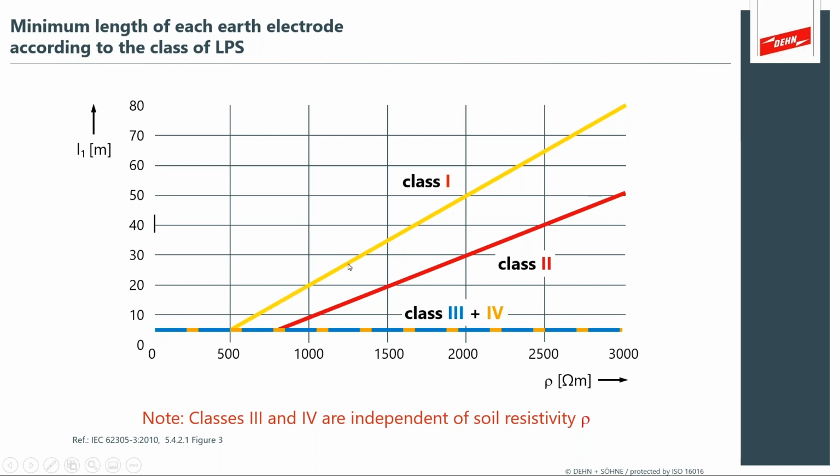But if you have a class 1 system with high soil resistivity, rocky, sandy, dry, whatever your local version of soil looks like, if you have 1,000 ohm centimeter, you'll actually need a 20 meter ring attachment in order to meet your class of lightning protection system. So it really helps understand how to design and drive that system.